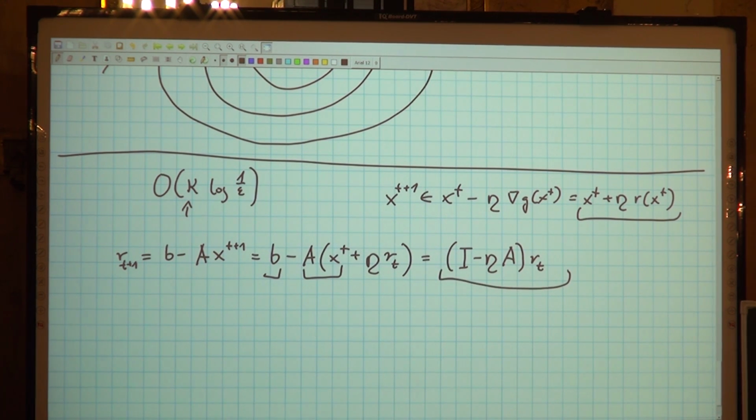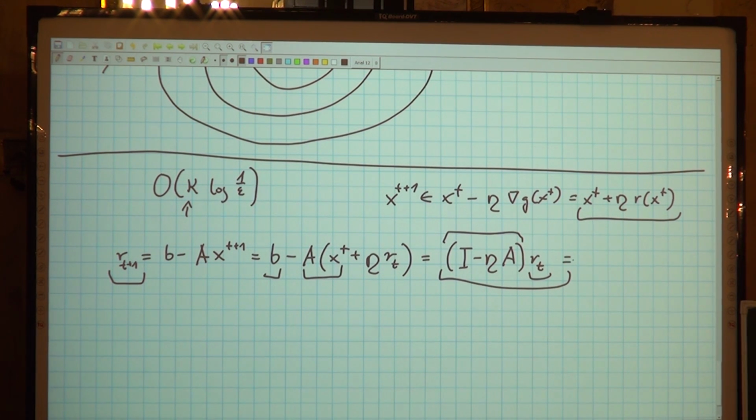This is very interesting. The way I get my right-hand side error after the new step is I take my old right-hand side error and multiply it by this matrix. That's how this happens, and this matrix doesn't depend on the step I'm taking.